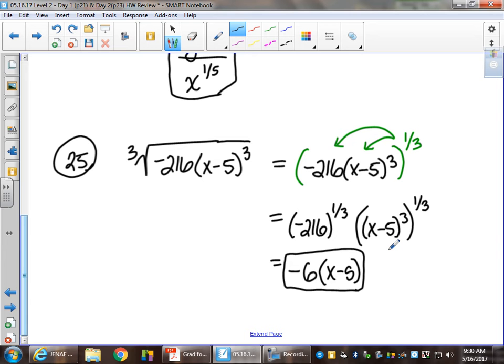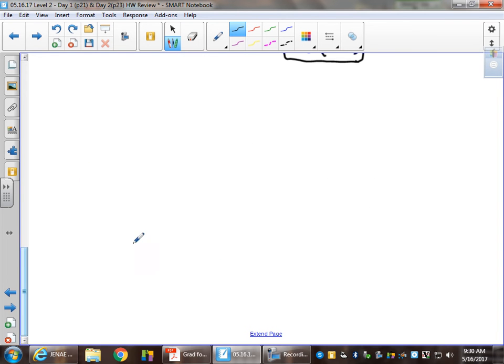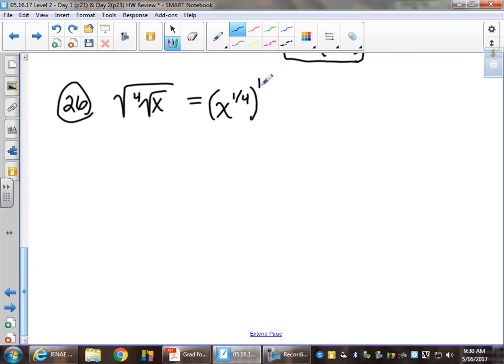What else? Any questions on 26 or 27? No questions, 26 or 27? So for 26, work from the inside. Working from the inside, how would I write this with a fractional exponent? X to the 1/4, all raised to the 1/2, because that's a square root.